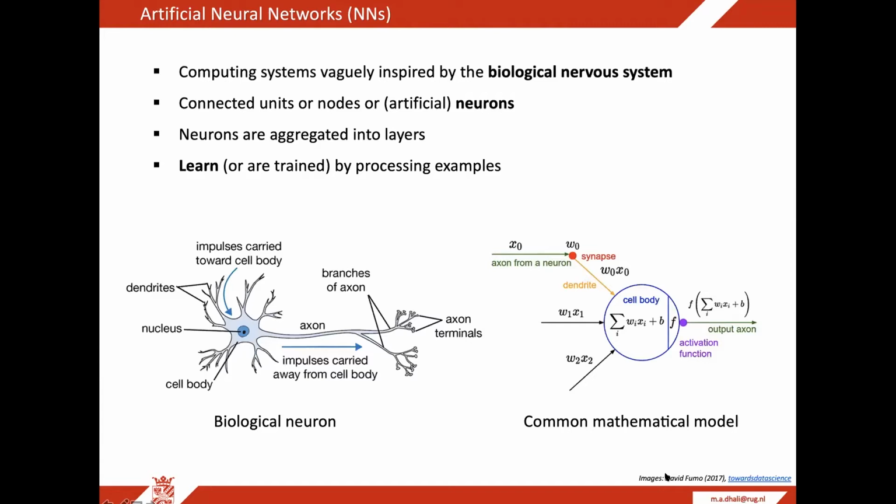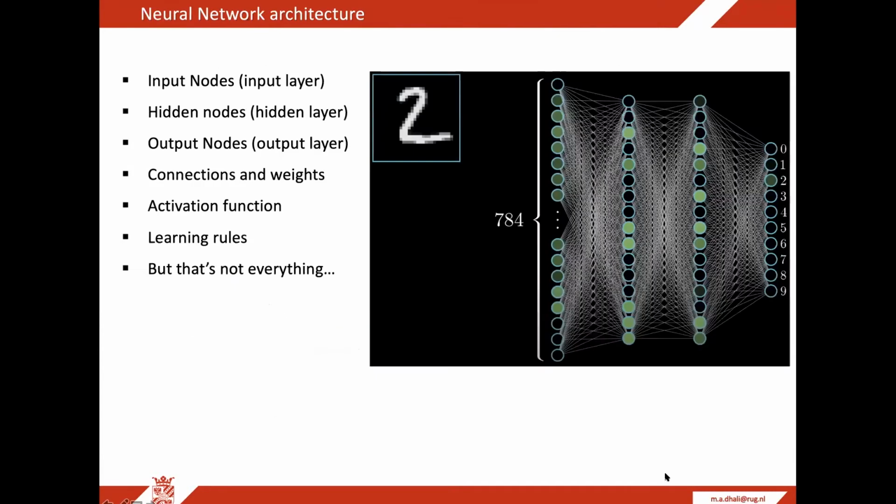You make a common mathematical model of the biological neuron of a human brain, and you consider this as a node and make layers of nodes like the nervous system. In a typical neural network, and AI is not only neural networks, but it is a commonly used term, you have input nodes, hidden layers, output nodes, connections, and a lot of other functions.